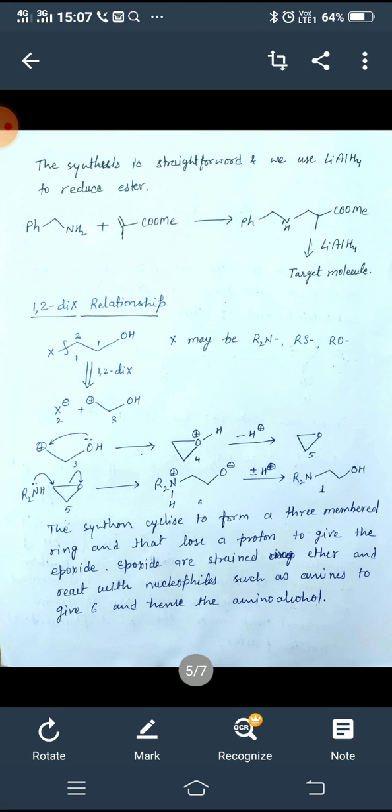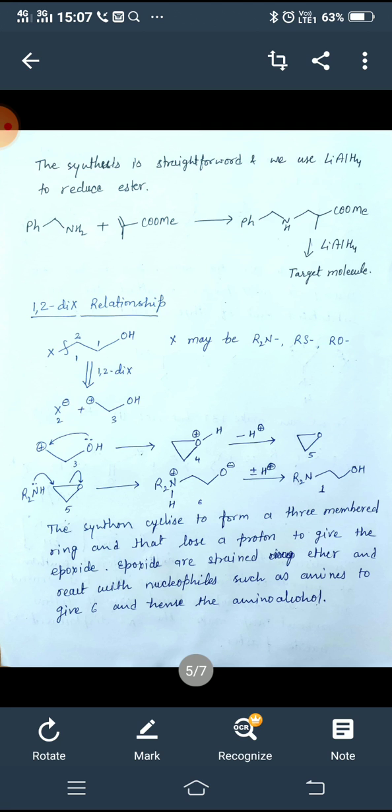The problem is what reagent will be used for this synthon number 3, and how can we use the OH group at position 1 to make carbon number 2 electrophilic.